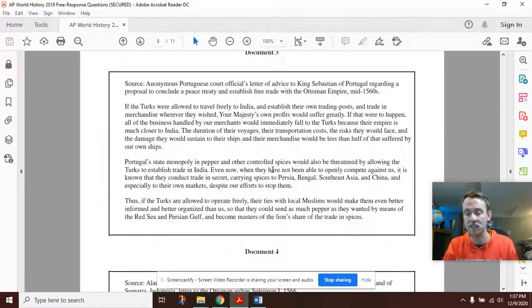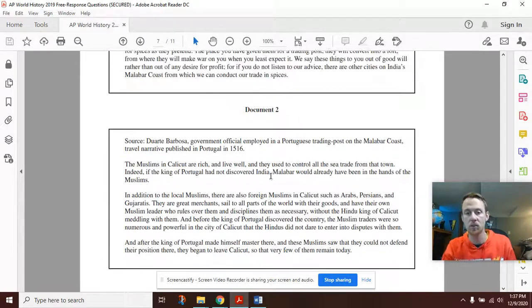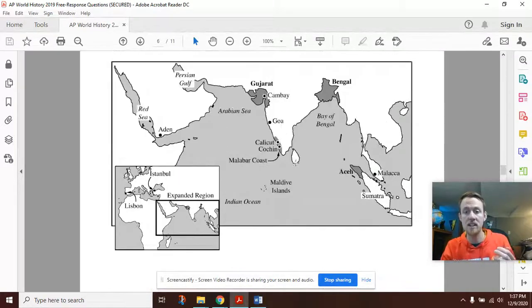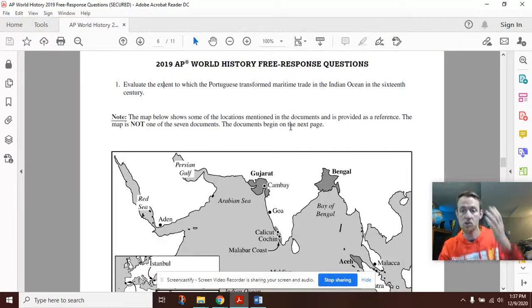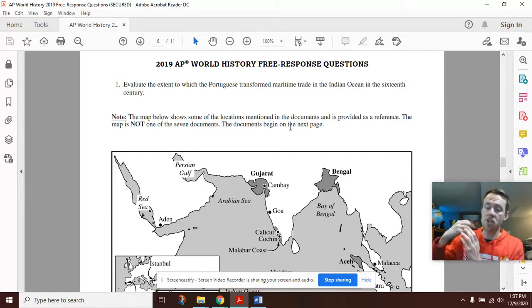In the end of this, hopefully you should notice a trend. You'll notice that the Portuguese really did change warfare, but they really didn't change trade, and they kind of changed taxes. Those trends then will become your answer.